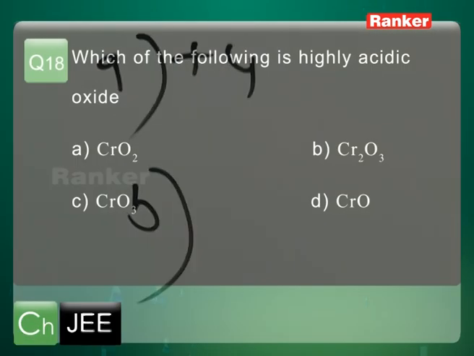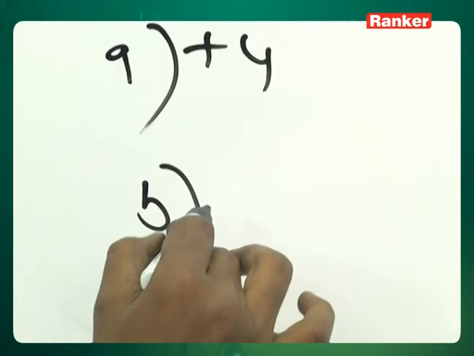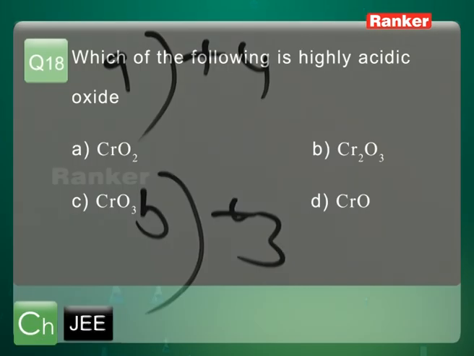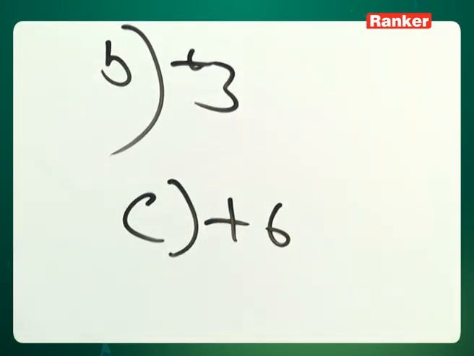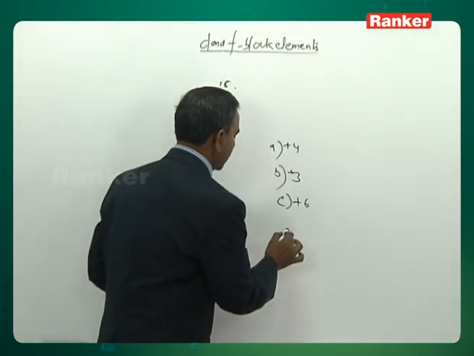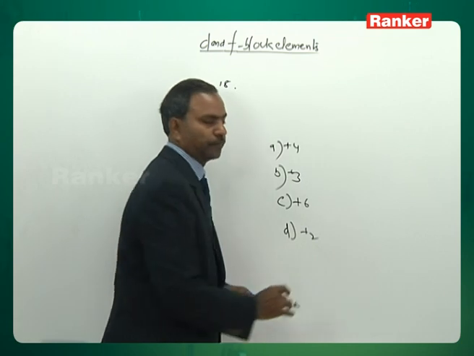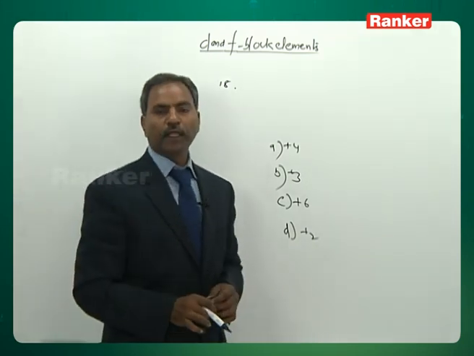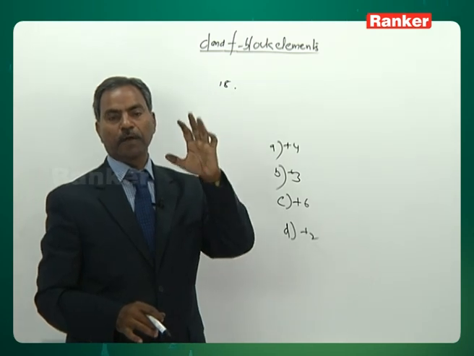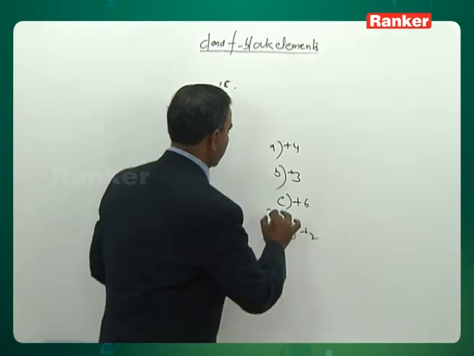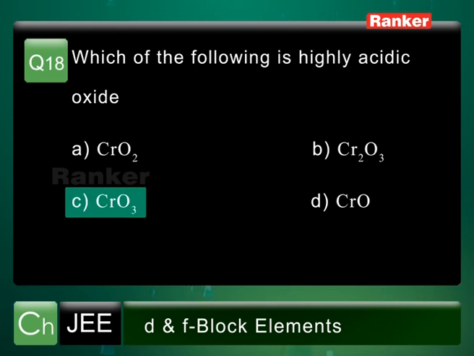Option B, Cr2O3, plus 3. Option C, CrO3, plus 6. And option D, CrO, plus 2. Choose the metal with the greater oxidation number. So in this case, option C is the answer.